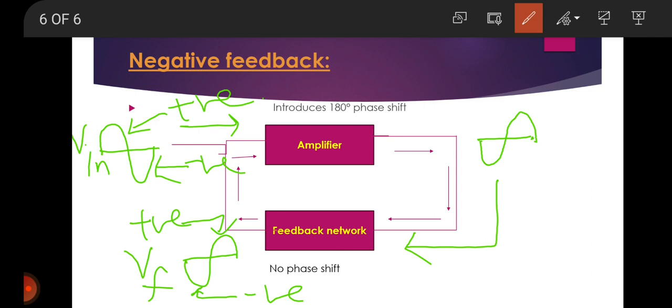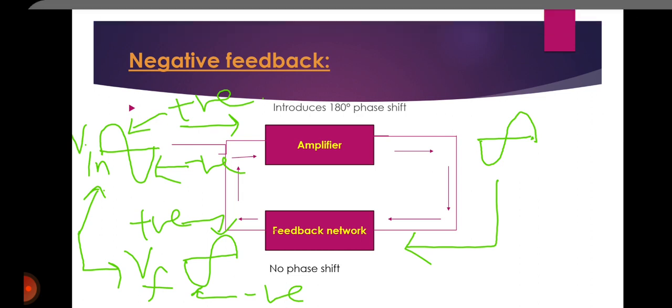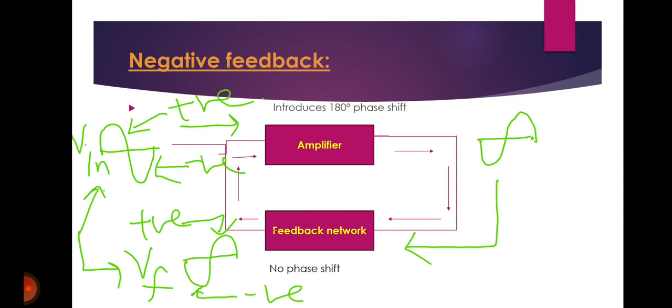That means the input voltage or input signal is out of phase with the feedback energy. Therefore, this is negative feedback. So in this lecture we saw what feedback, positive feedback and negative feedback are. In the next lecture we will see the next part.